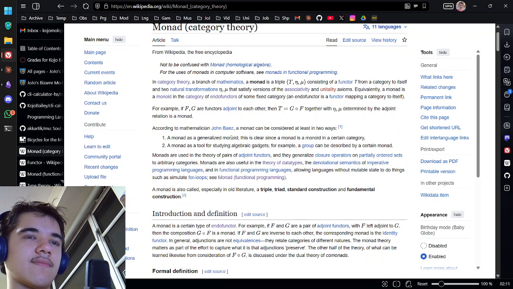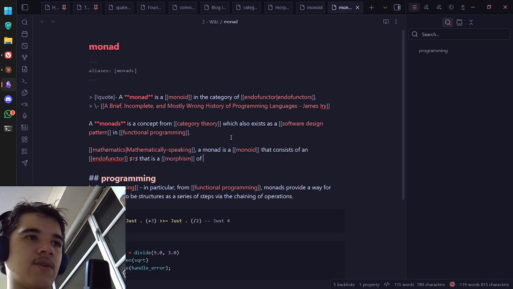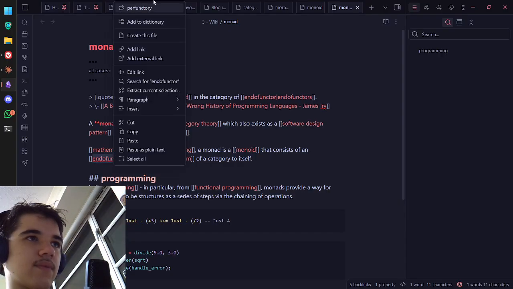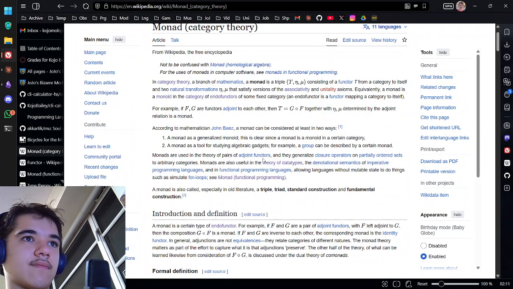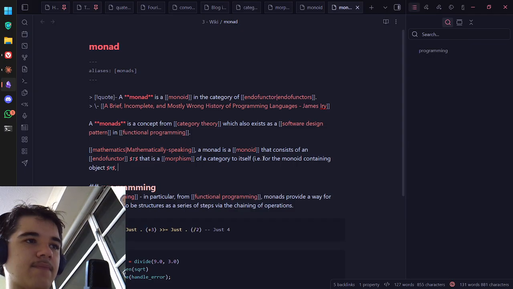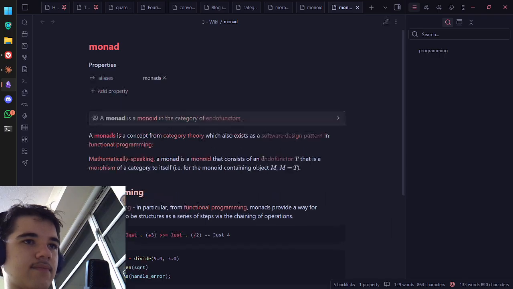Morphism of a category to itself, such that, i.e., for the monoid containing object M, M equals T. Yeah.